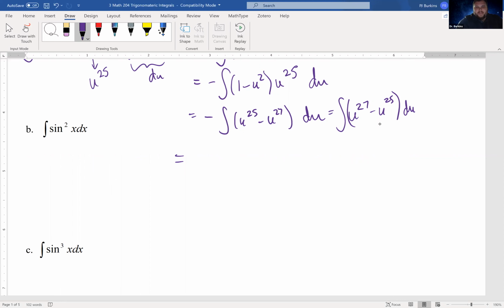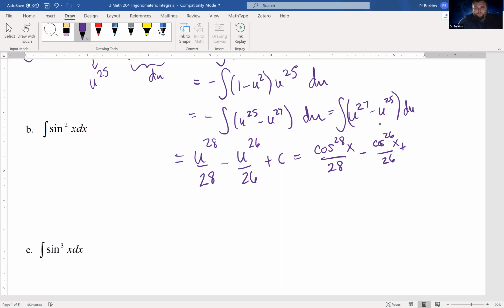And integrating, you just add 1 to the power and divide by that number. And then the very last step, just like we did with u substitution the first time, is replace u. So any questions about that guy?